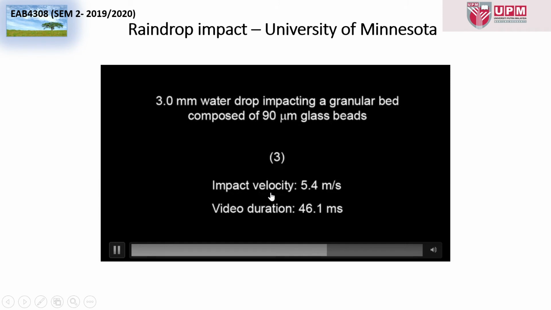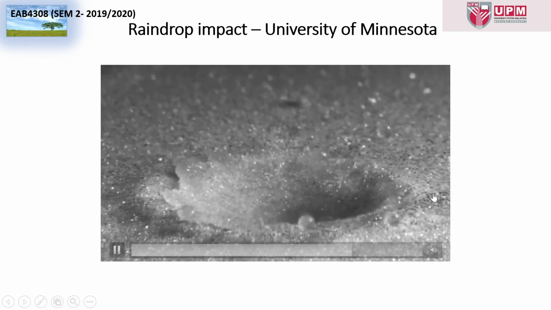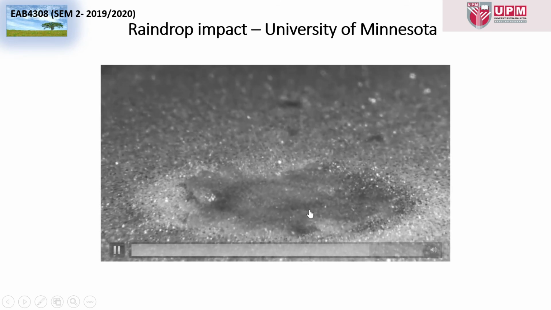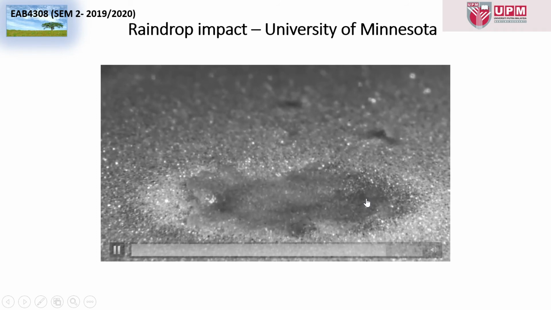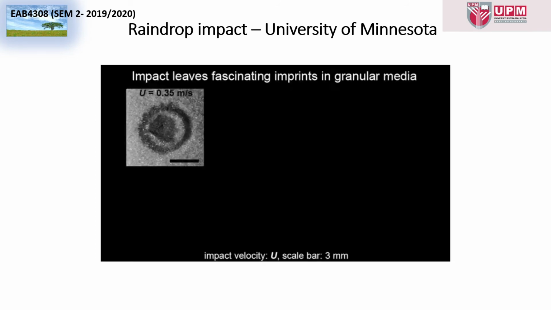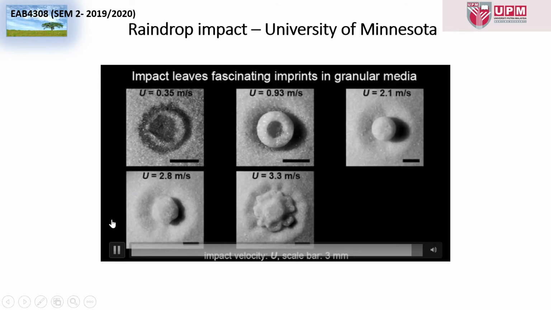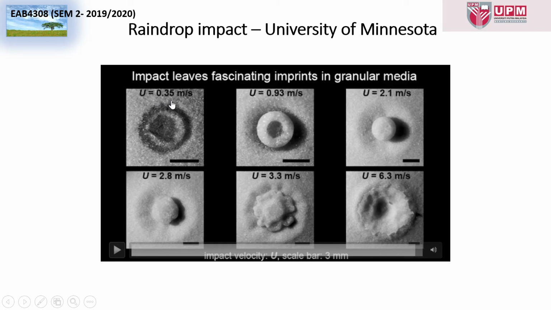And these are the imprints from the impact. Now we have a higher impact velocity, 5.4 meter per second. You see, we have a higher impact and it creates a splash. It's different from what you've seen before. So this is the result from different impact velocity. When the impact velocity is small, it leaves an imprint something like this.